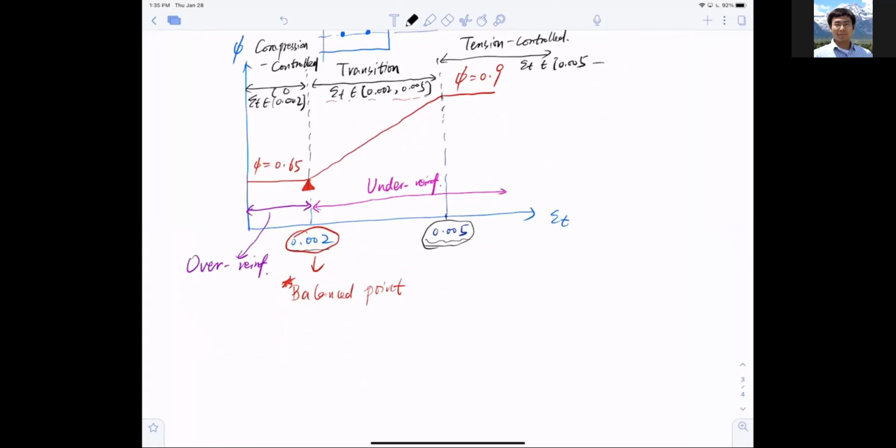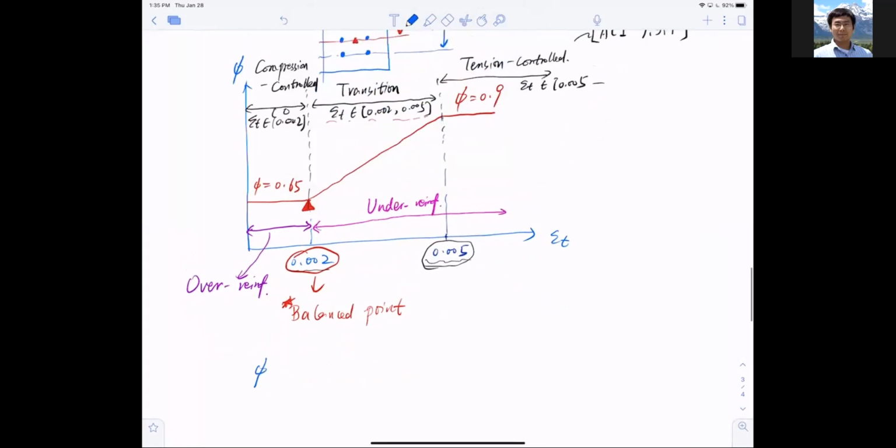So what I'm trying to do here is that ACI says the strength reduction factor, which is this red line here, follows the equation phi equals 0.65 plus (epsilon t, which is the strain in the last layer of steel, minus 0.002) multiplied by 250 divided by 3.